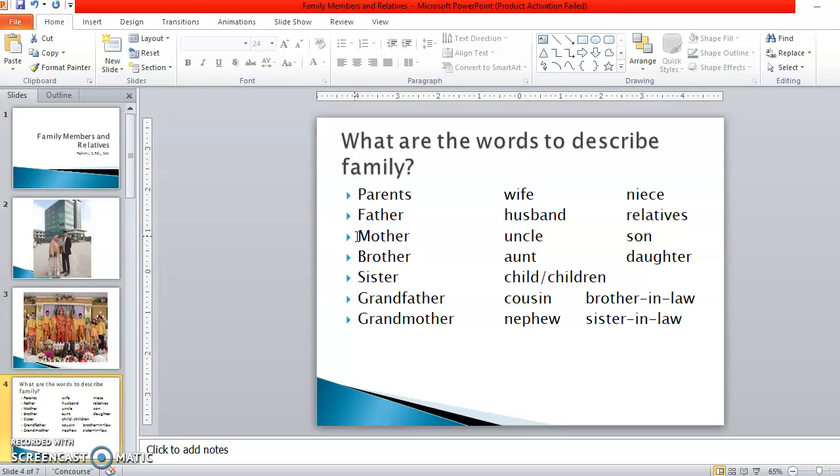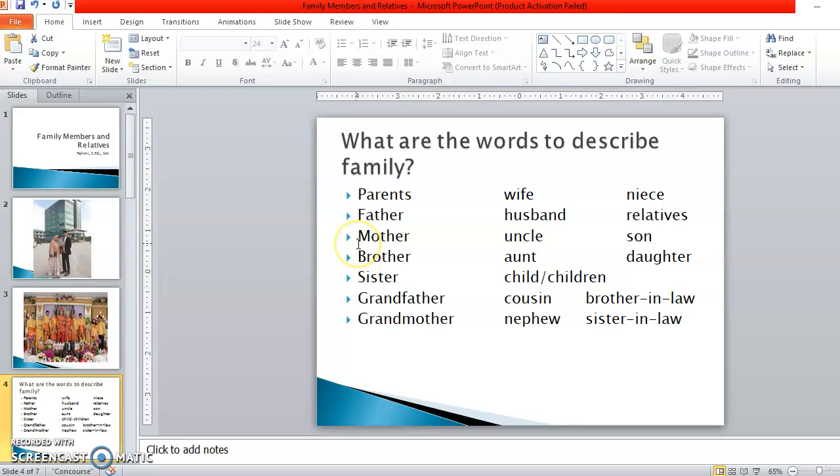Remember the different sound between P and F. For example, here we don't say "pather," but we say "father." Please listen to me, and you can repeat.